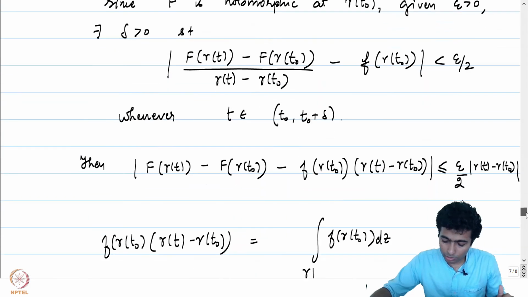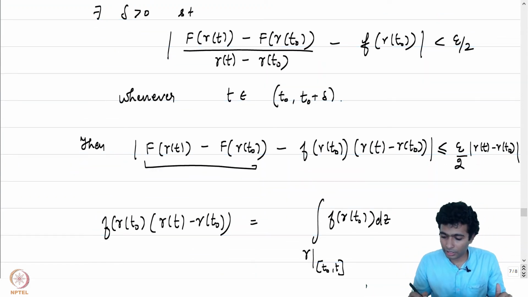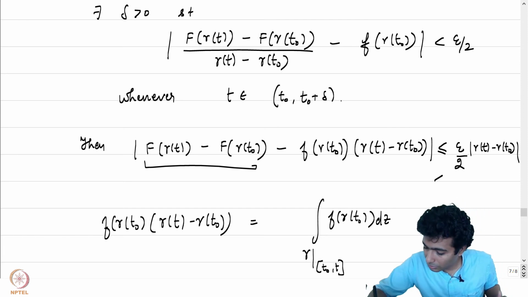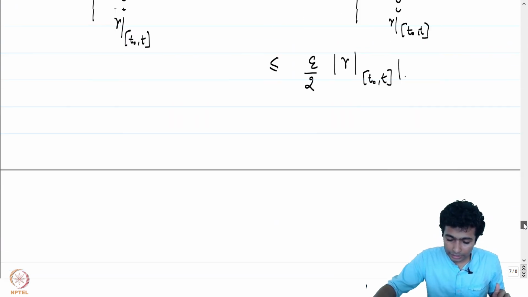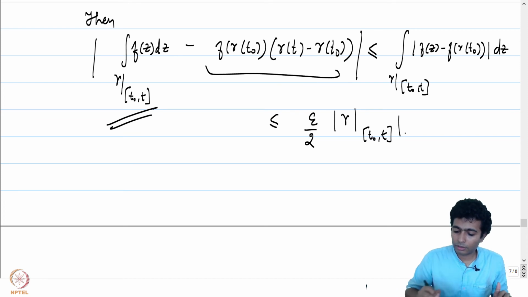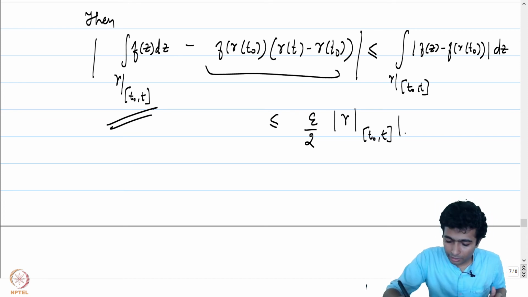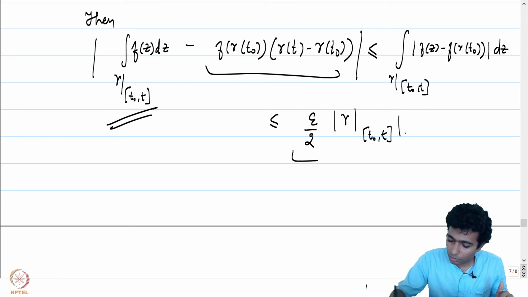We have also estimated capital F of gamma of T minus capital F of gamma of T naught. So notice that this is in particular less than or equal to epsilon by 2 times the arc length of gamma restricted to T naught comma T. And the integral here, both are estimated by f of gamma of T naught times gamma of T minus gamma of T naught to this order.